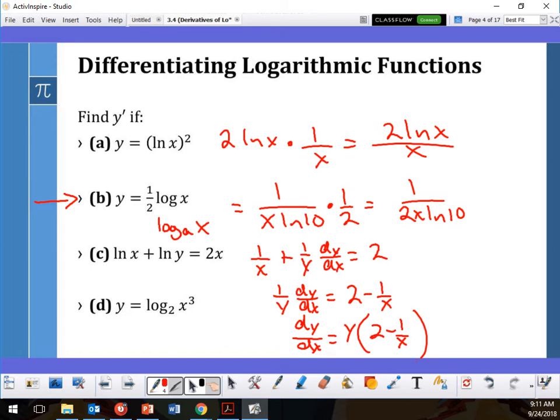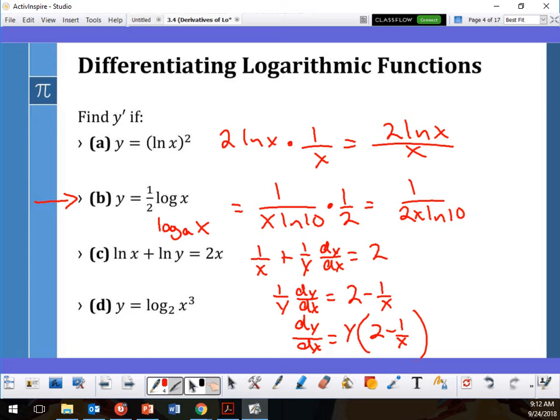If I'm leaving it like that, that's fine. If it's just regular implicit, I would have it like that, dy/dx. We okay there?